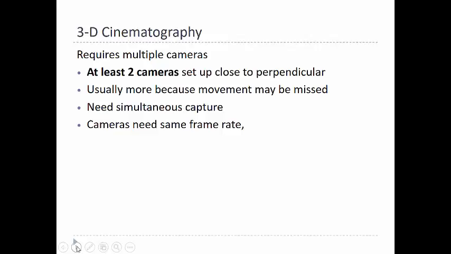Therefore, we need to start both cameras at the exact same time. We typically use a trigger or an external input to allow us to do that. The other important thing that you should be familiar with is frame rate, and that also needs to be the same on all or both cameras that are being used.